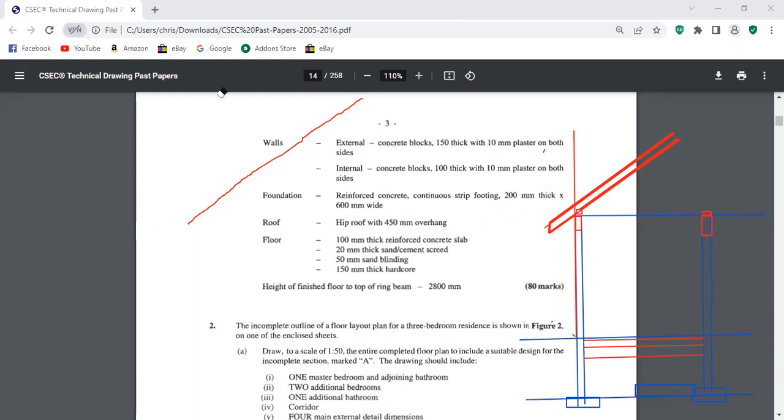Purlins are basically horizontal pieces of board that are fastened on top of the wall plates. So we have those there, and those there.